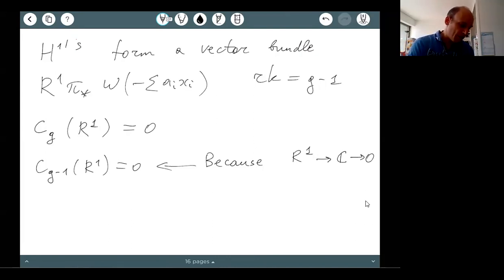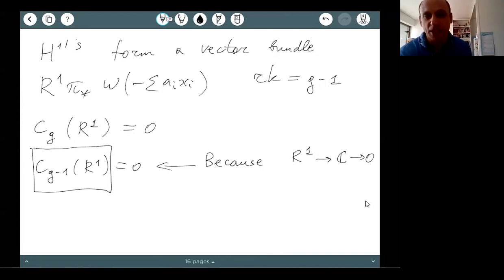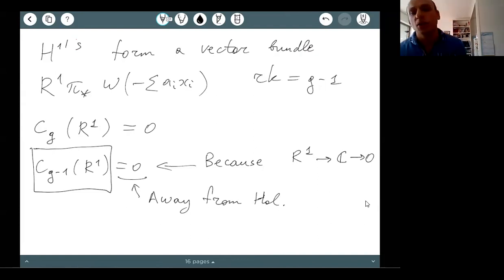So now look, we have this wonderful cohomology class of degree g minus 1. Notice that this is exactly the codimension of the holomorphic locus. This is the right codimension, and we know that it vanishes away from the holomorphic locus. So this seems to be a good candidate for the answer, right? We have a cohomology class of the right degree that vanishes away from the holomorphic locus.